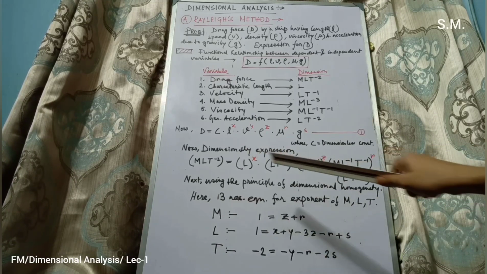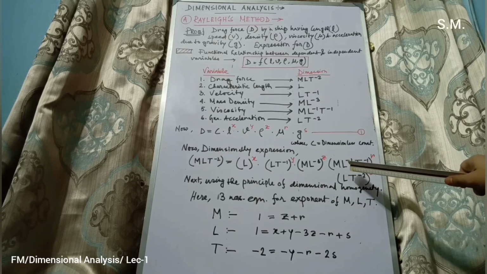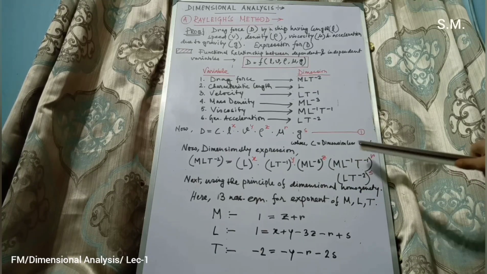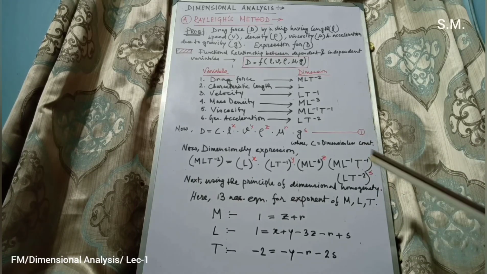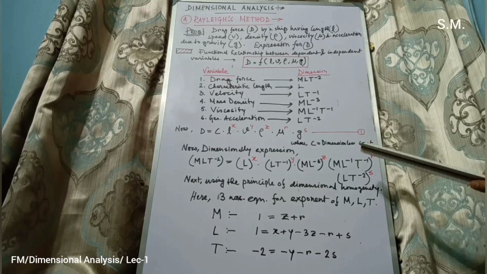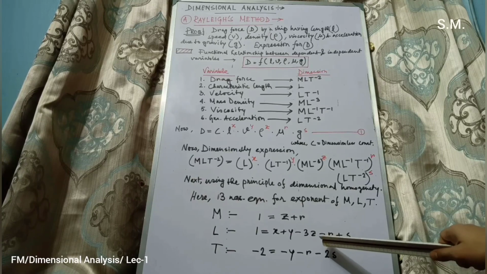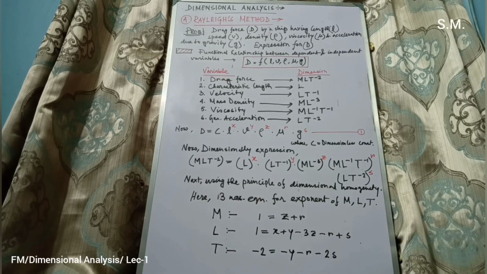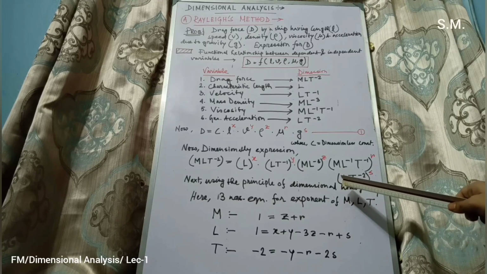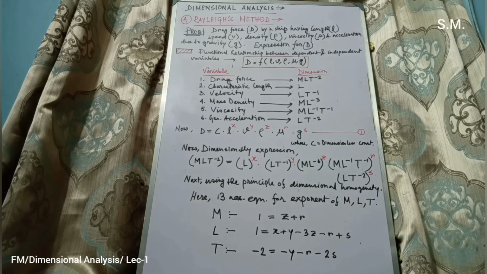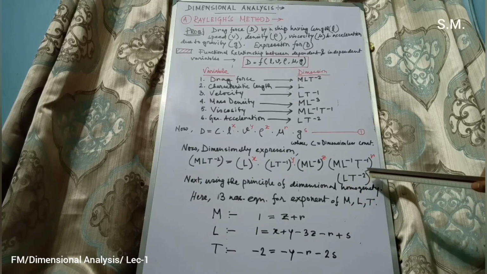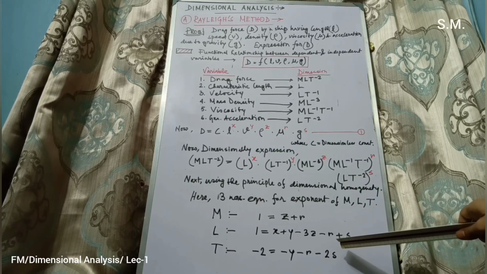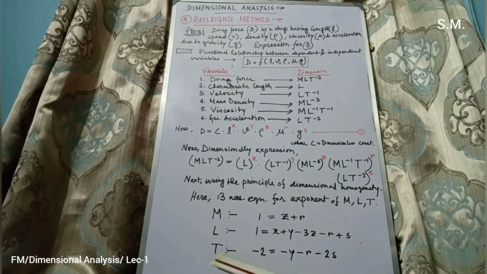Next, on the right hand side, this L is minus 1 and this is r, so the power of L here is minus r. Then the last, considering this L, it is plus 1 and the power is s, so we put plus s.